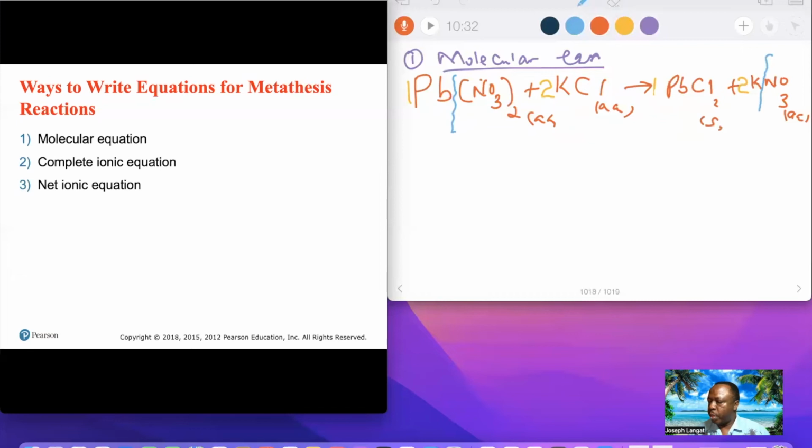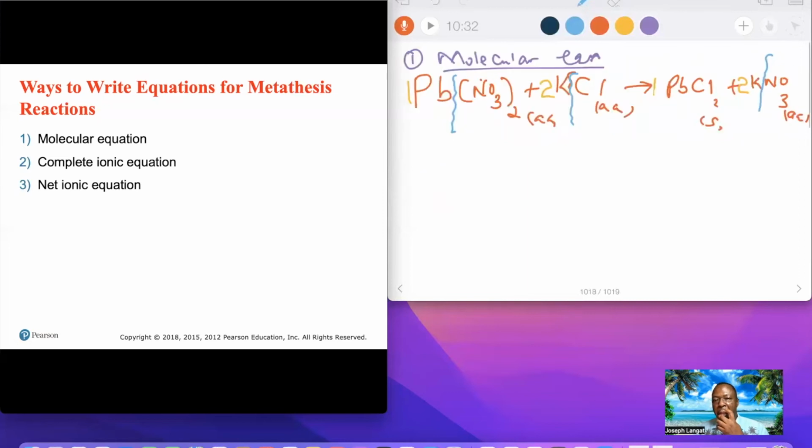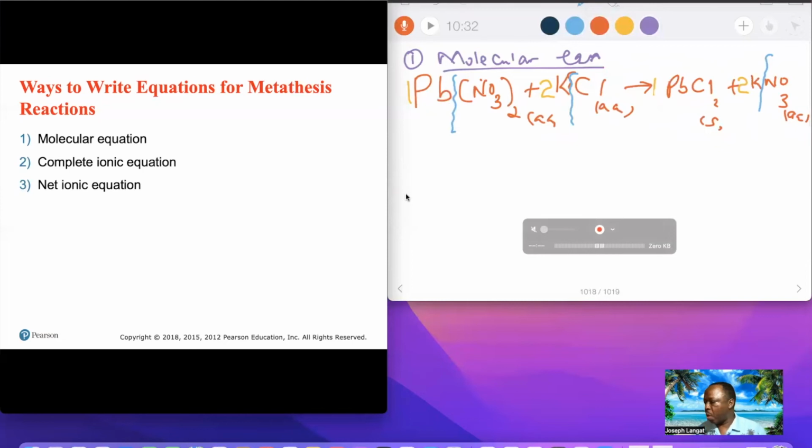And I'm going to split this one as well, because it is what? It is aqueous. So the ions you will take from here, this is going to be the ions. The subscript here changes to the coefficient.